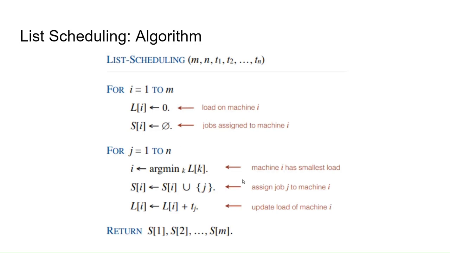The new load of the machine is computed by taking the previous load and adding the processing time of job j. Overall, the time complexity of this algorithm will be big O of n log n because of the for loops, and you could use a priority queue to find the smallest load of the machines.